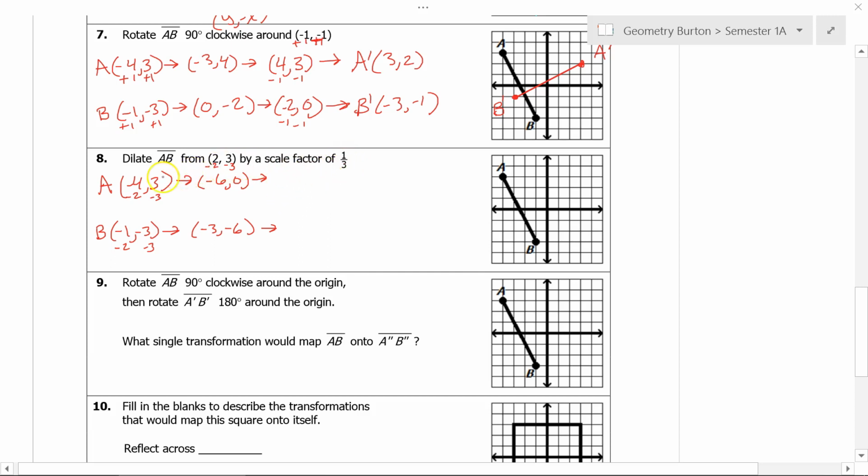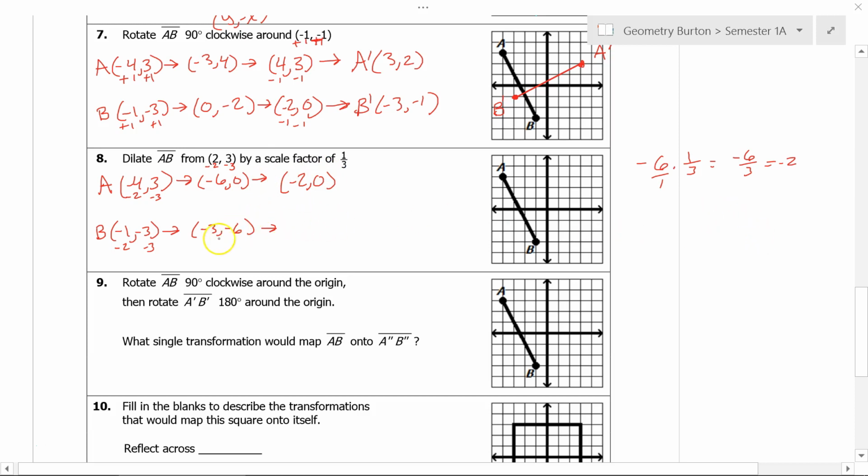Okay, and so when you do a dilation, you just multiply everything by the scale factor. So I want to do some calculations off to the side. So if I'm going to do -6 times 1/3, okay, that's just going to be -6 over 3. That's going to be -2. Okay, so that'll be -2. If I do 1/3 times 0, of course that'll still just be 0.